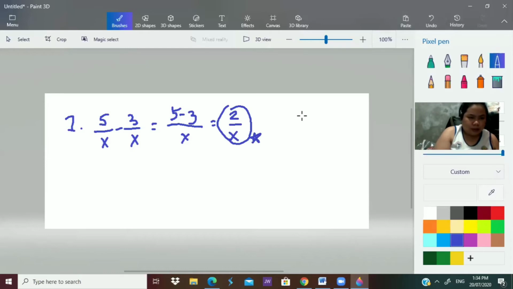Okay, so ganun lang po kadali ang pagsusubtract ng rational expressions.